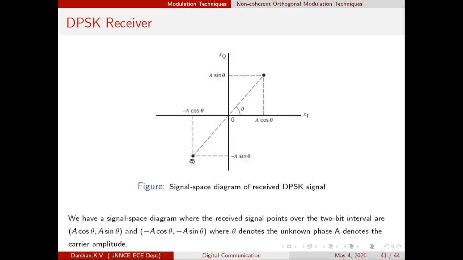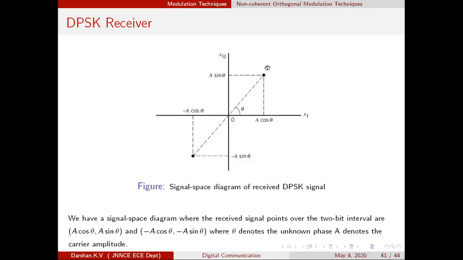Only 2 points are possible in DPSK. One is the signal with zero phase, another one is the signal with opposite phase. This is how the diagram has been drawn. So the x-axis is the in-phase component and the y-axis the quadrature phase component. They have plotted it. Whenever the signal experiences a phase change, the signal is represented at this particular point.